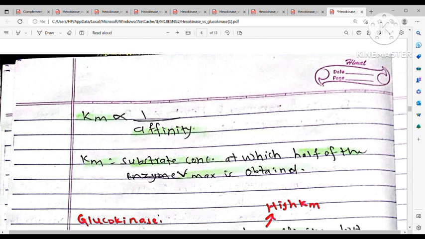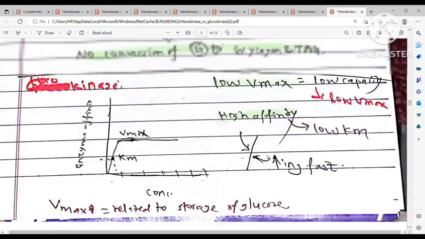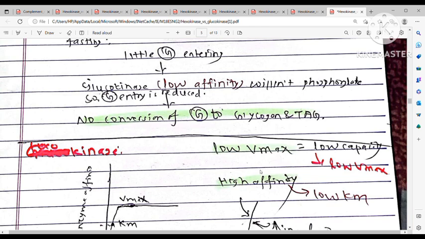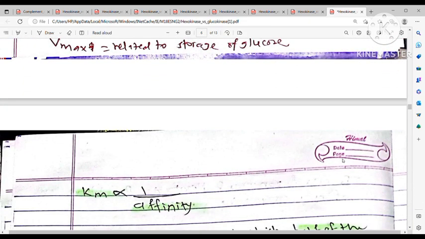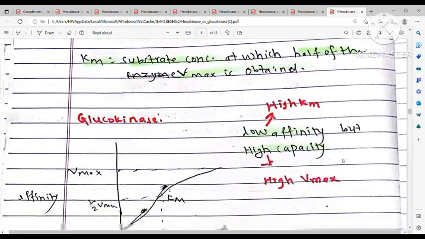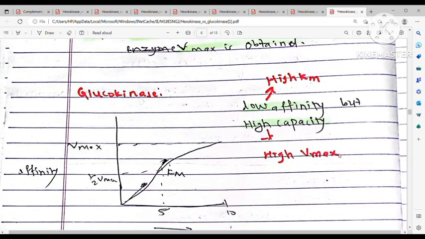Km is the substrate concentration at which half of the Vmax is obtained. As hexokinase has high affinity, due to the inverse relation, it should have low Km. Similarly, it has low capacity, that is low Vmax. Now, glucokinase has low affinity, that is high Km, but high capacity, that is high Vmax.